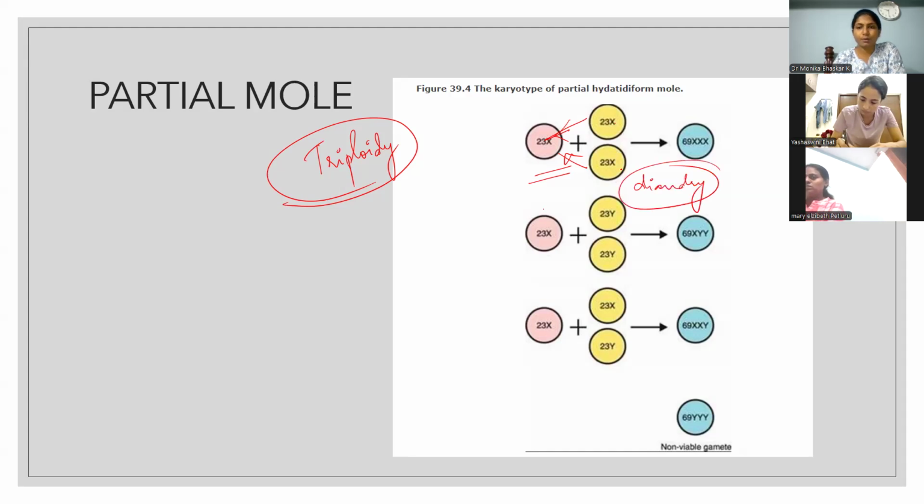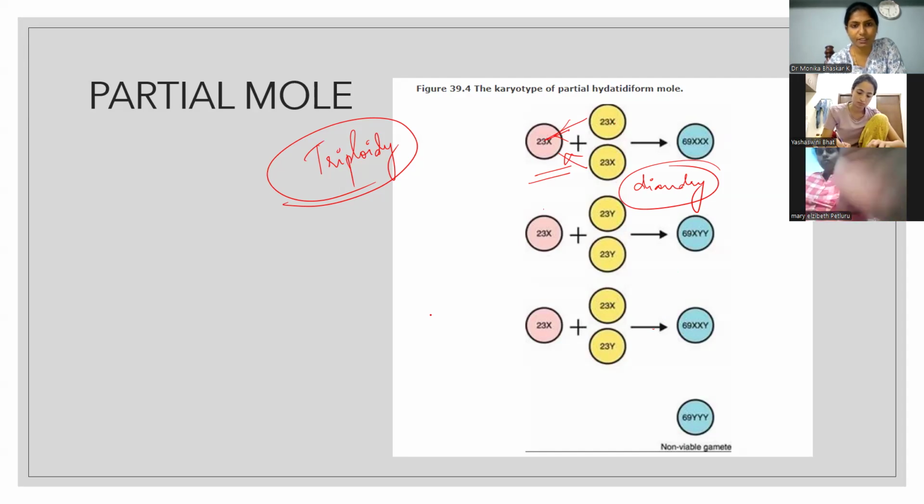That is, there are two components of the paternal genetic material. So it is XX or YY. YYY will not be a viable gamete, but XXX, XXY or XYY, all three will result in a partial molar pregnancy.